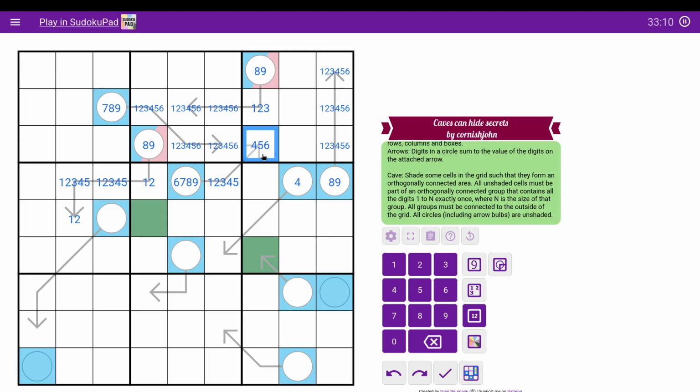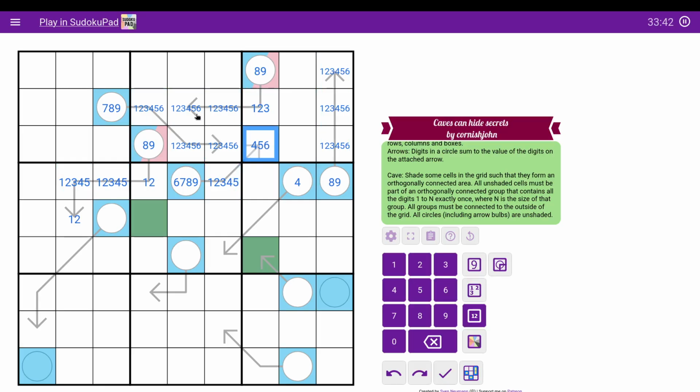Six is unlikely. 6 would force 9, 9, 1, 1, a whole lot. These digits add up to at least 30. 31.